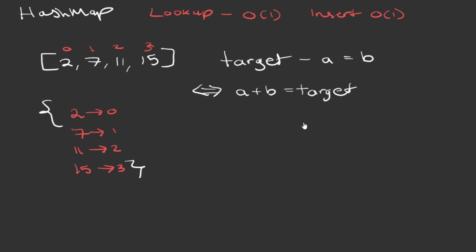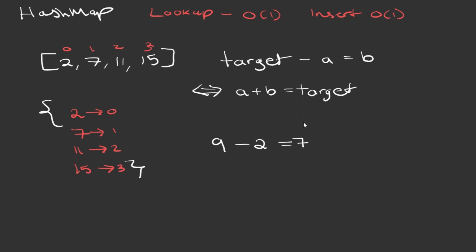So let me give you a quick walkthrough on how we're going to do this. We already have this hash map initialized. So in our second for loop, we're going to go through 2, 7, 11, 15. So first we're going to look at 2. We know that the target is 9. 9 minus 2 equals 7. Well, is 7 in the hash map? Yes.